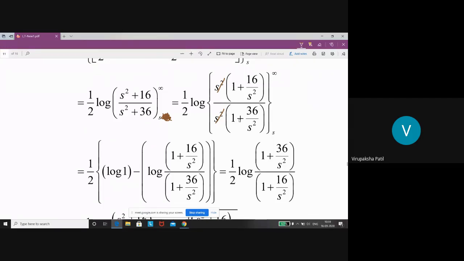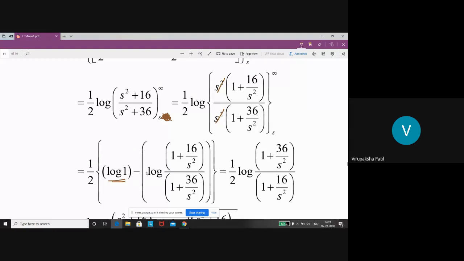Then 1 plus 36 divided by infinity also becomes 0. So it becomes log of 1 divided by 1, which is log 1. Is that clear? Okay. Yes, sir.